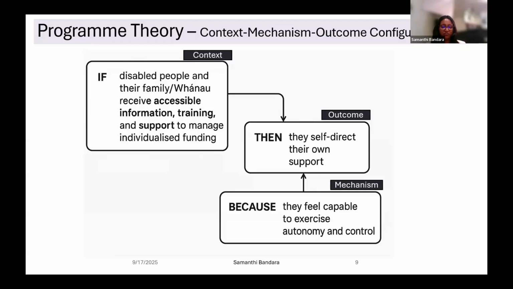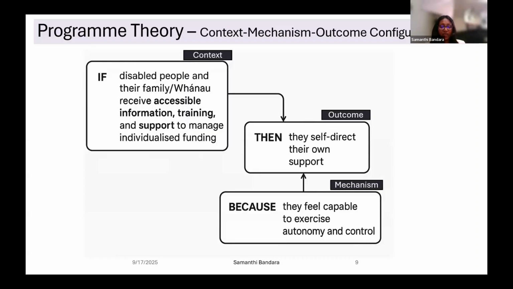So this reflects their internal reasoning. For example, they believe in their own competencies, and they perceive freedom to make choices. That is how mechanisms are born: how they respond to the intervention's resources.